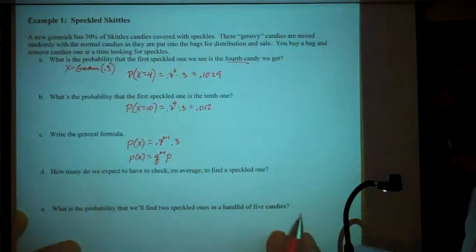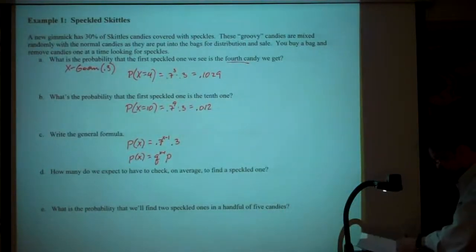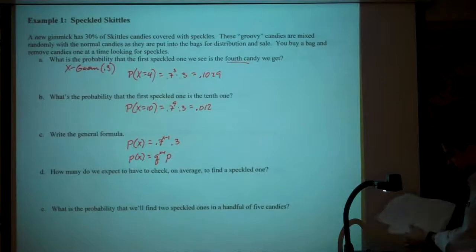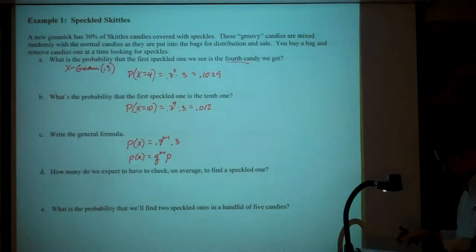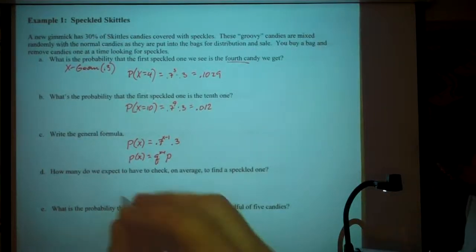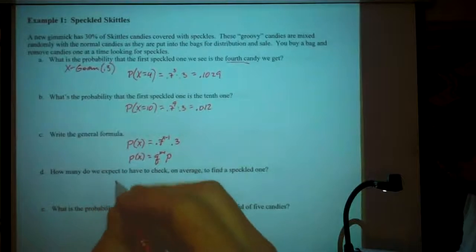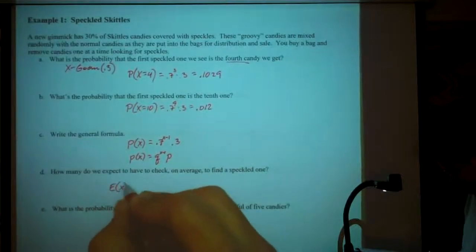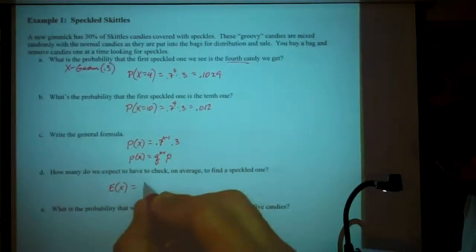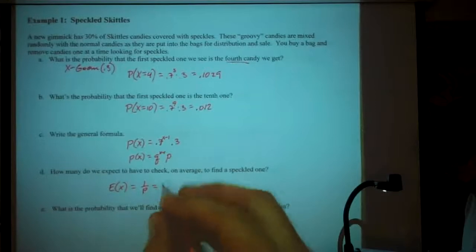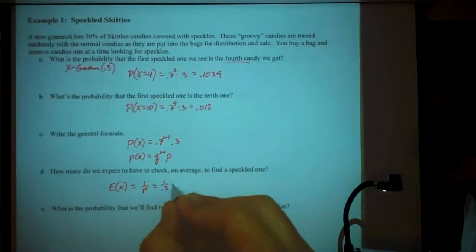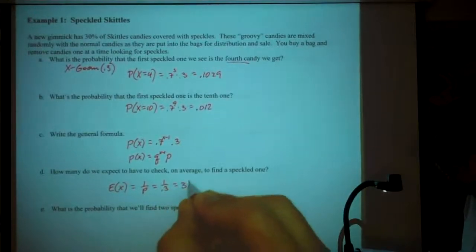Now, how many do we have to expect to check on average to find a speckled one? Well, remember what the mean of a geometric random variable is? It's 1 over P. So that's going to be 1 over 0.3, or about 3 1/3.